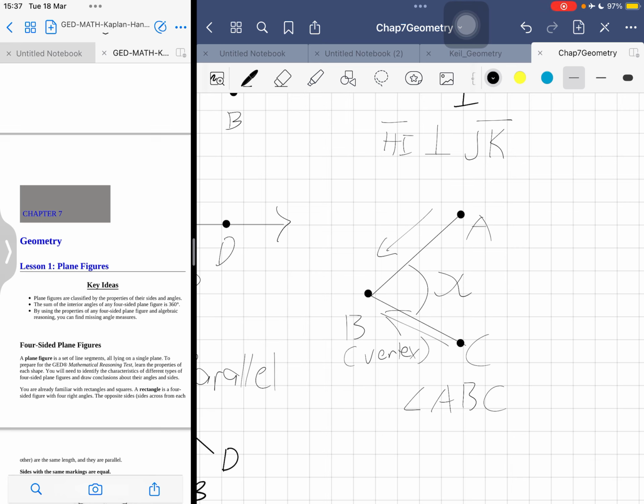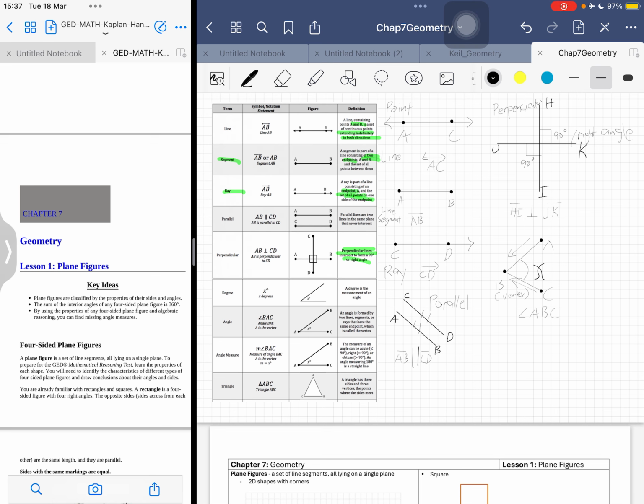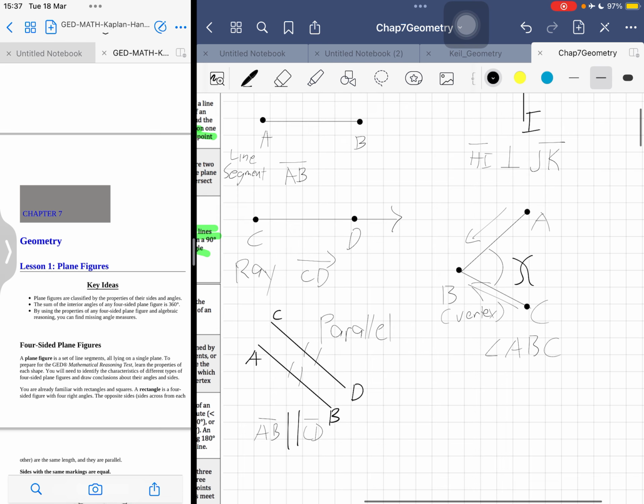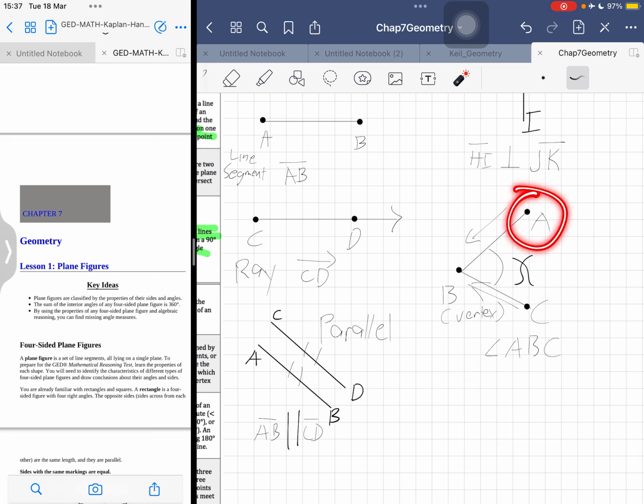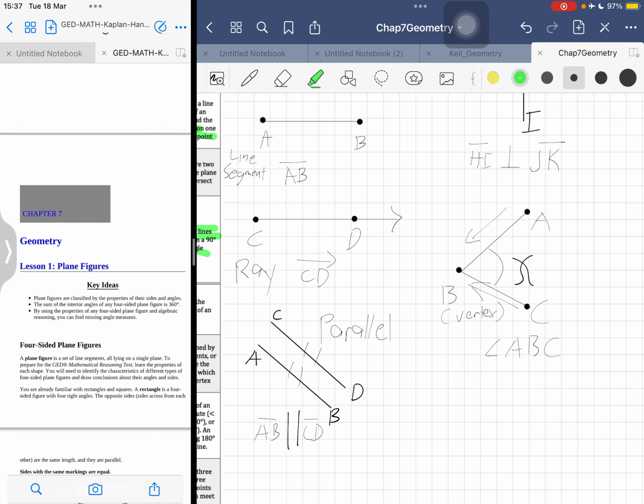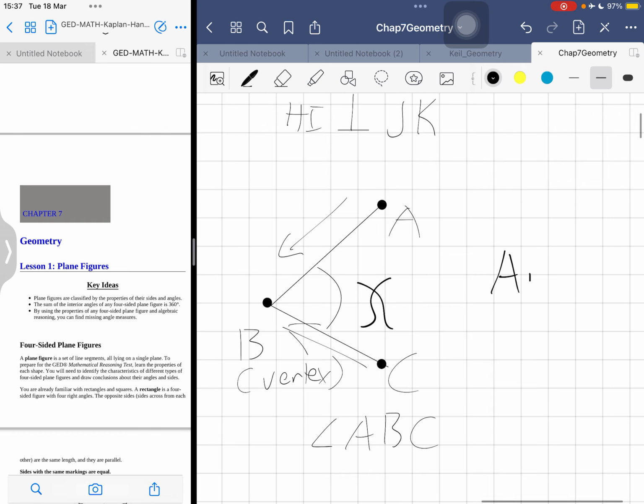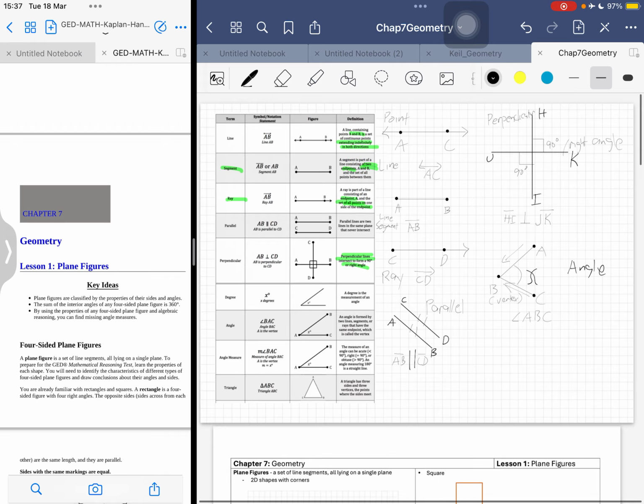We can represent it by a variable. So we will call this angle ABC, meaning from point A to point B to point C, it creates an angle. Therefore, angle ABC. I hope you understand.